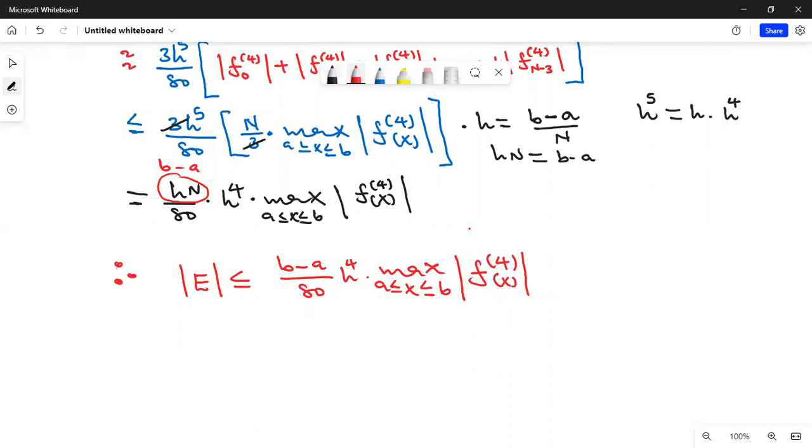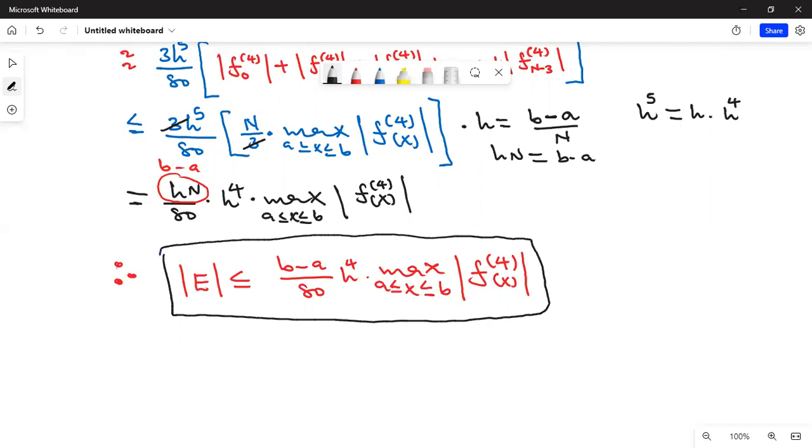So that's what I left out. So this is how to get the truncation error bound when you use this formula. Now let's see how to work out the equations. You can work out the equations.